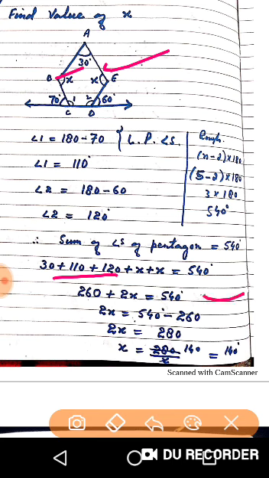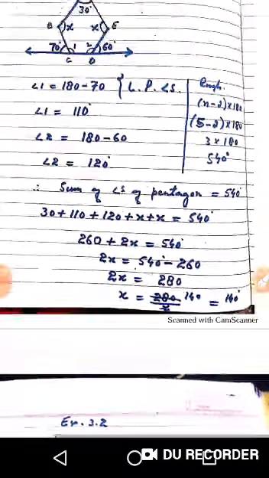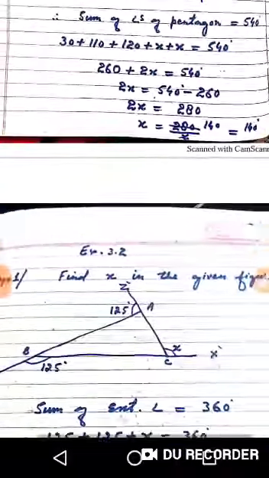So 2x will be there, 260 will be transposed here, you get minus 260. When you take 260 out of 540, you get 280. So 280 divided by 2, you get 140 degrees. So the value of x is 140 degrees. In this way you have found the value of x. Hope you understood. Do the other questions likewise.